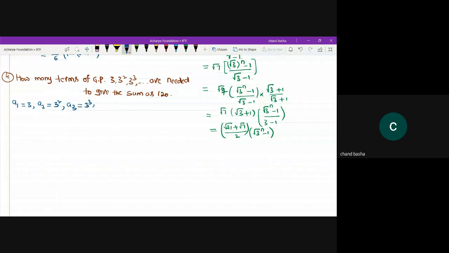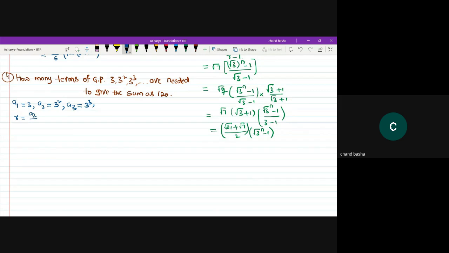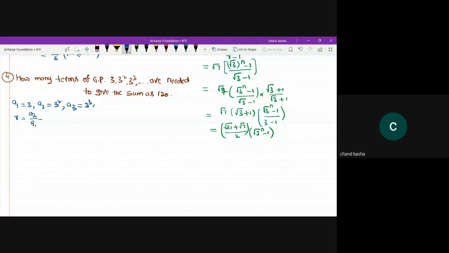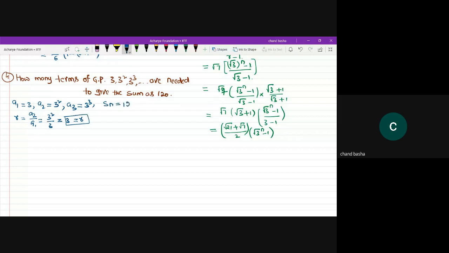So we require the common ratio R is equal to A2 upon A1, that is 3 square upon 3, the 3 cut, your common ratio is 3. So clearly also given to you Sn is equal to 120. Now he's asking what is the value of n.